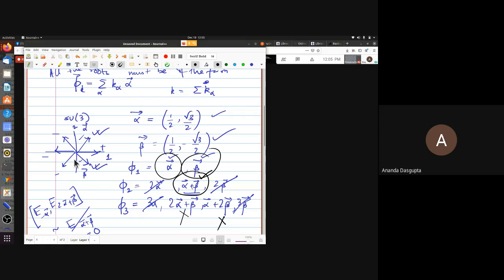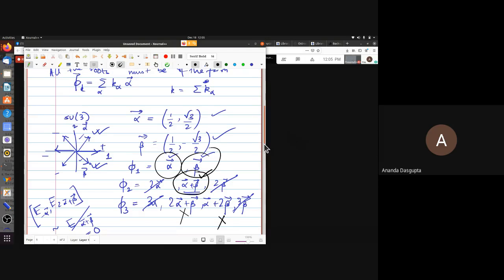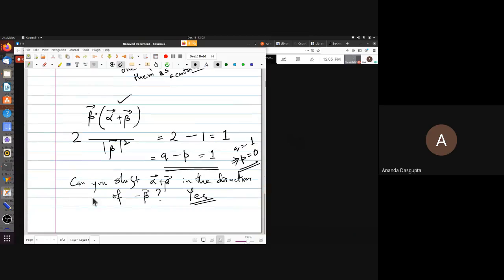My next claim is, from what we know and from the properties of simple roots, we can actually reconstruct the entire algebra. We can figure out what the commutators between these generators are going to be. So that claim really is about all these commutators.